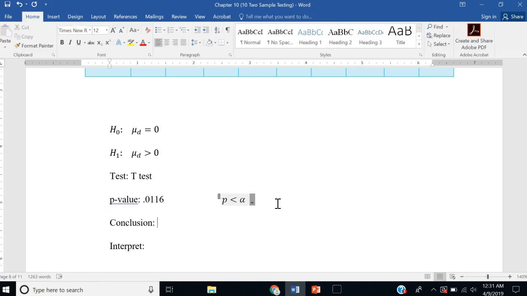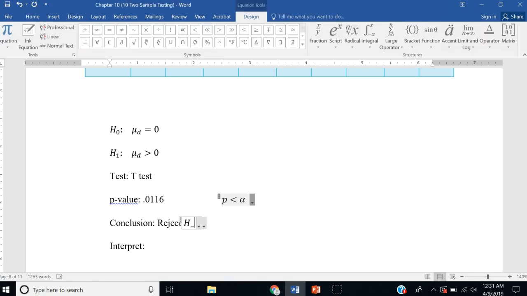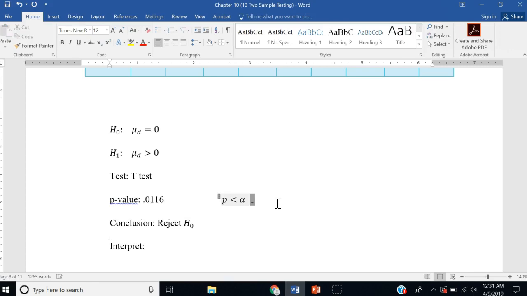So P less than alpha means we should reject the null hypothesis, reject H0. And if I reject H0, basically I'm saying H0 can't happen. So the alternative hypothesis must be happening. All right. I'll highlight that, but you don't have to worry about that if you can't see it. The alternative hypothesis must happen.